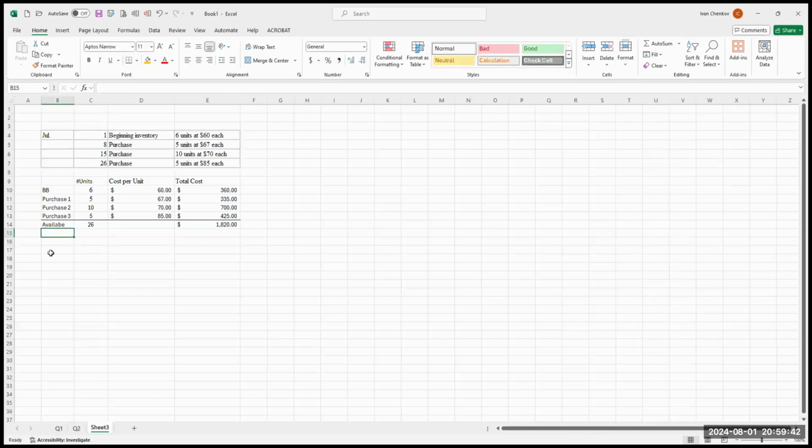Now, if we want to find the cost of goods sold, what do we need? We need the ending balance. How many units do we have at the end? Once we deduct the ending balance, we're going to find our cost of goods sold. If you look at the question, let's go and check the question.